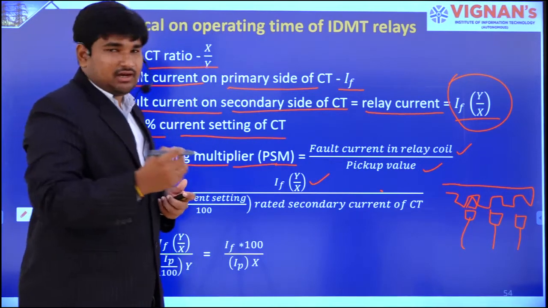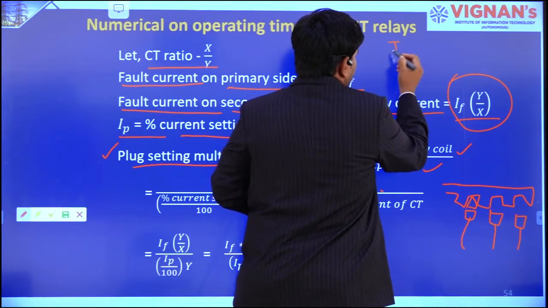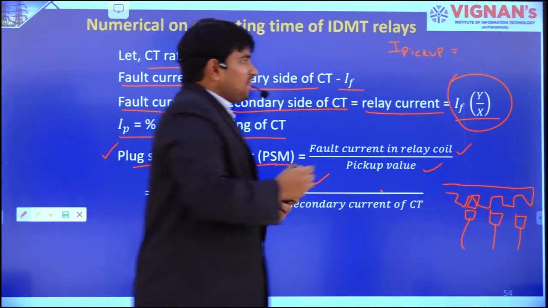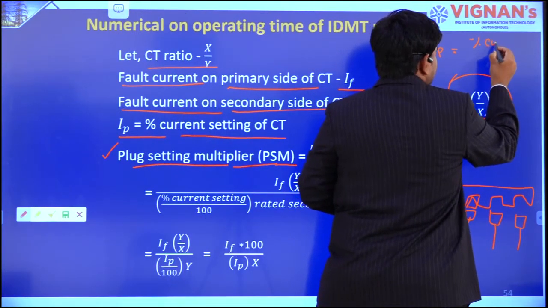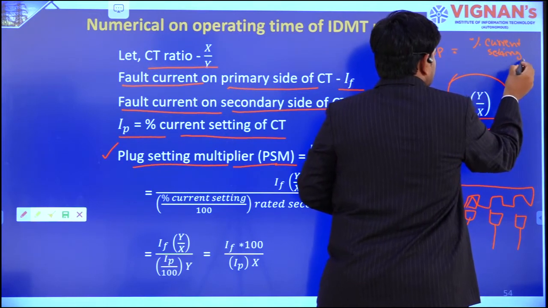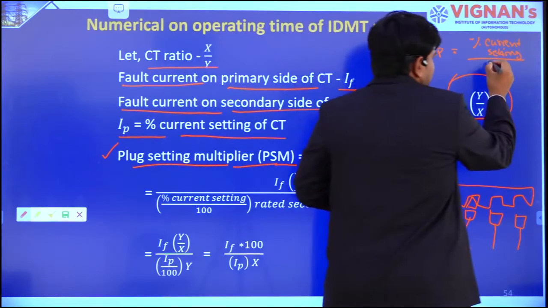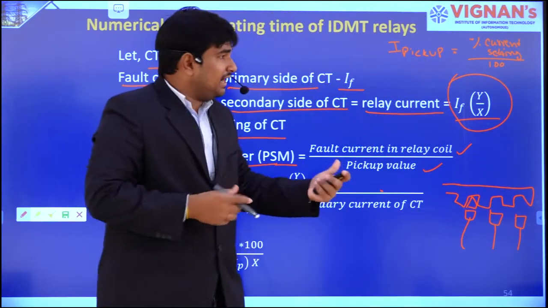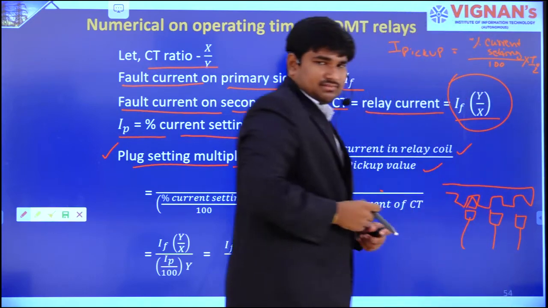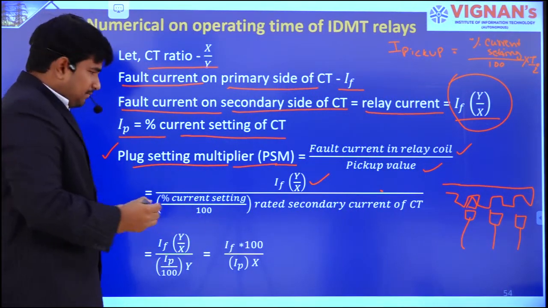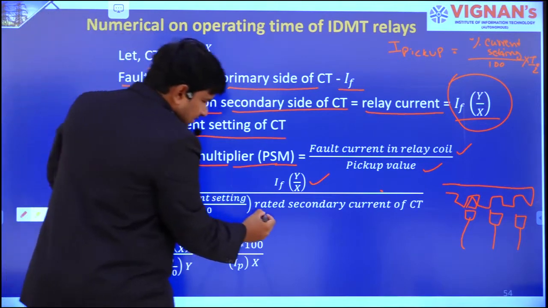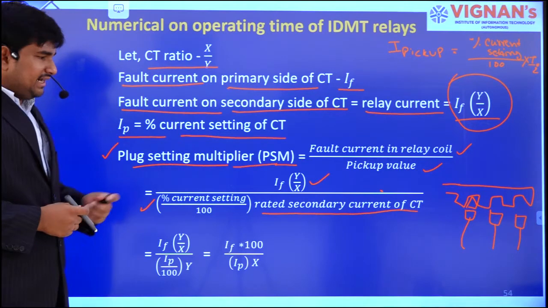What is the pickup value? In the previous class I discussed that the pickup current is equal to the percentage of current setting divided by 100, into the CT secondary current. That's what I have discussed here. The pickup current is equal to the percentage of current setting divided by 100, into the rated secondary current of the CT.